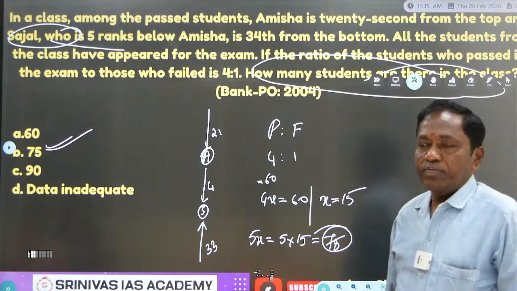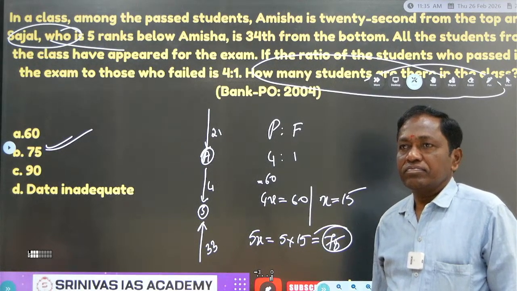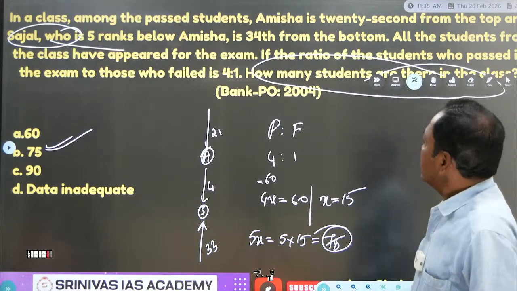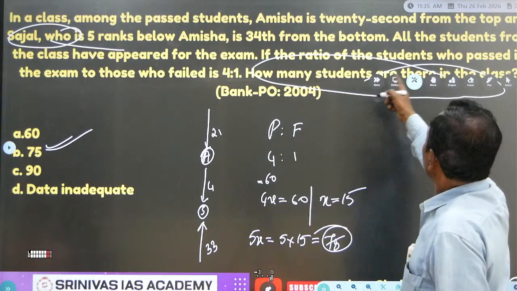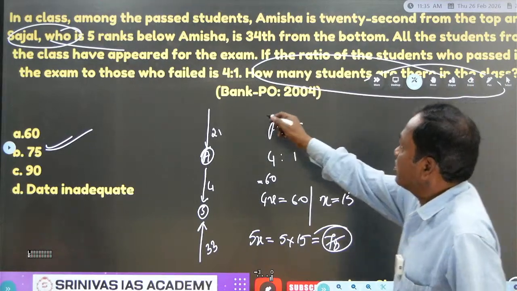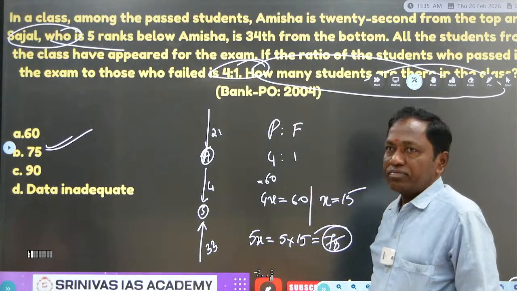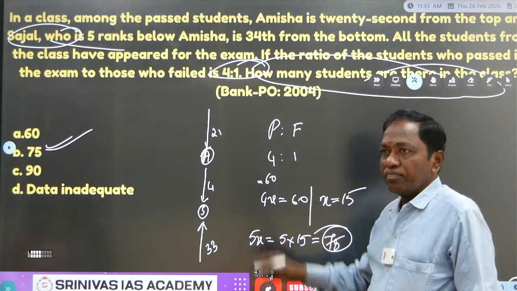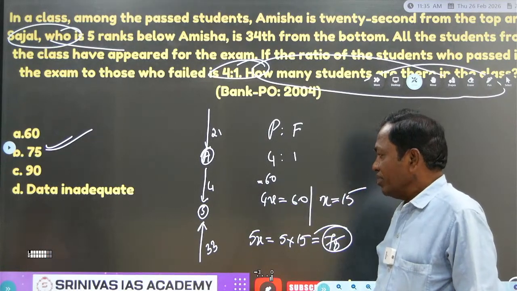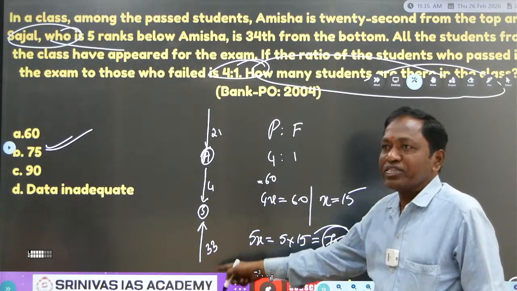This is the question. So 5x is 4 plus 1. See, the ratio is given as 4:1, passed to fail. Pass ratio 4, fail ratio 1. All information given in the question relates to the past information.